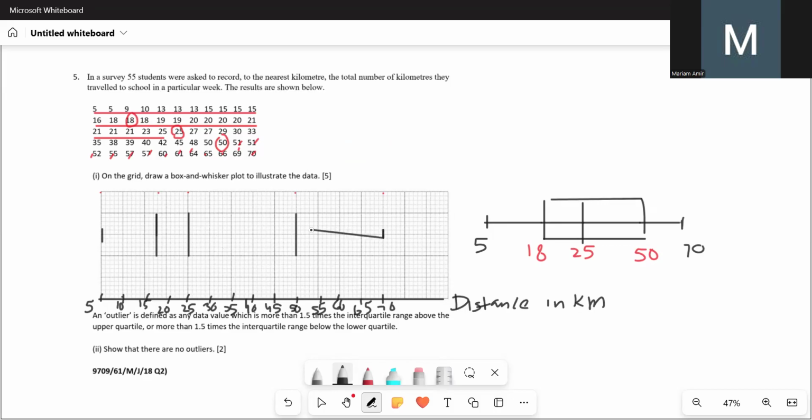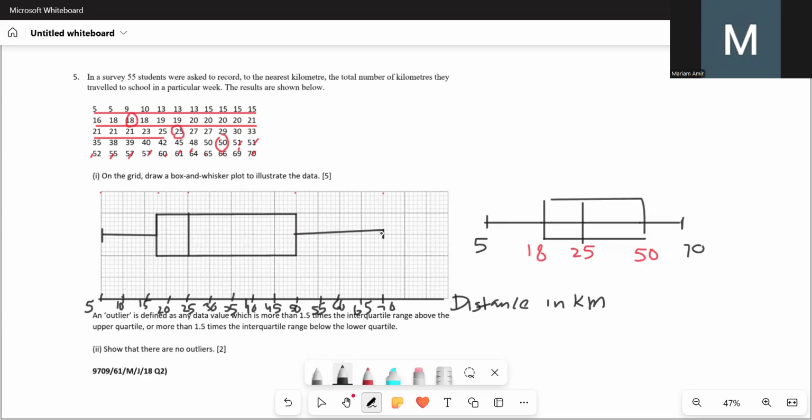Now join these. I don't know why it won't let me make a proper linear line. Okay, pretend that's linear.